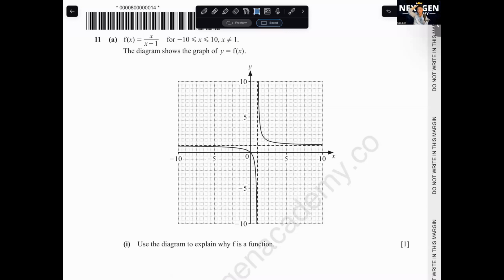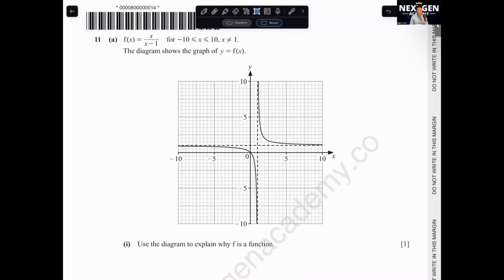Okay, so we go back to chapter 1. What is the criteria of a function? Okay, Kosa say it has to be a 1-to-1. Okay, very good. How can we check on the graph that it is a 1-to-1 function? Anyone remember?